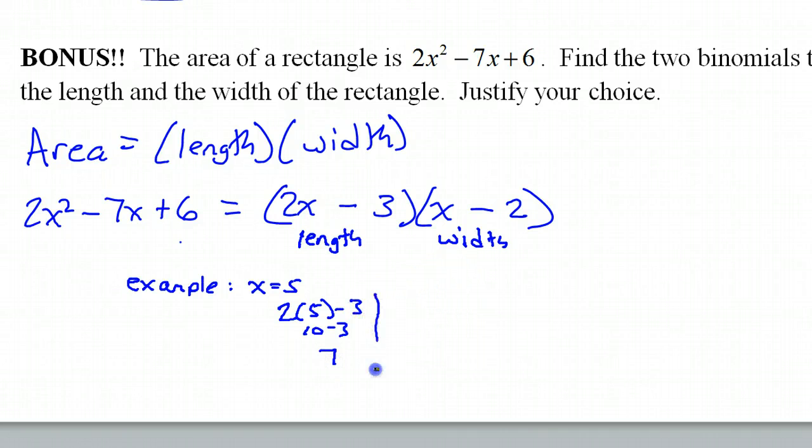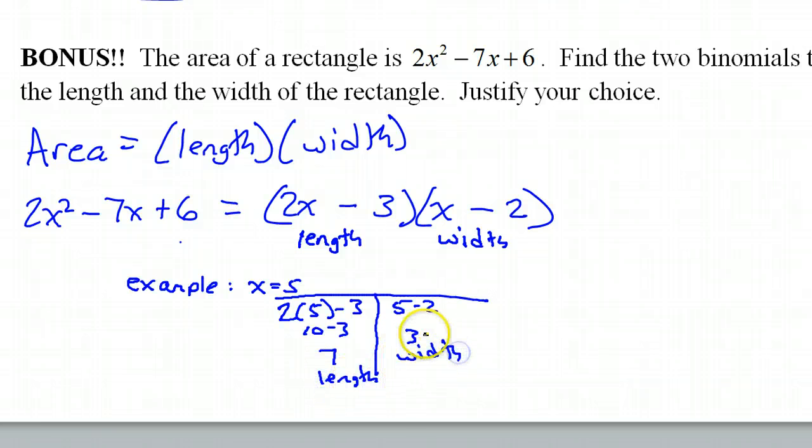And then if I look at the x minus 2 expression, then that's 5 minus 2, which is just 3. So this would, of course, be the length, and this would be the width. Okay, so the 2x minus 3 is always bigger, so length, width.